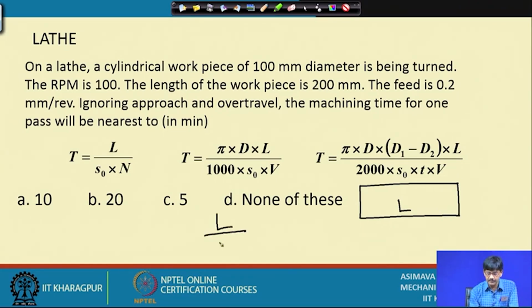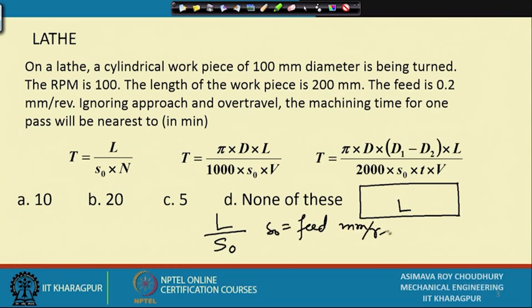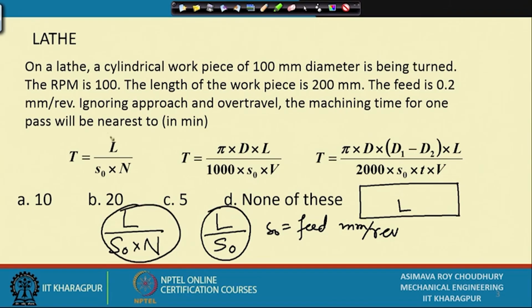L divided by S0, where S0 is the feed in millimeters per revolution, and therefore, this must be the number of revolutions that we have in order to cover the full job. If these many revolutions are required, how many minutes would we require for that? Definitely divided by n, since n is the number of revolutions per minute. So, this should be the answer to our question.